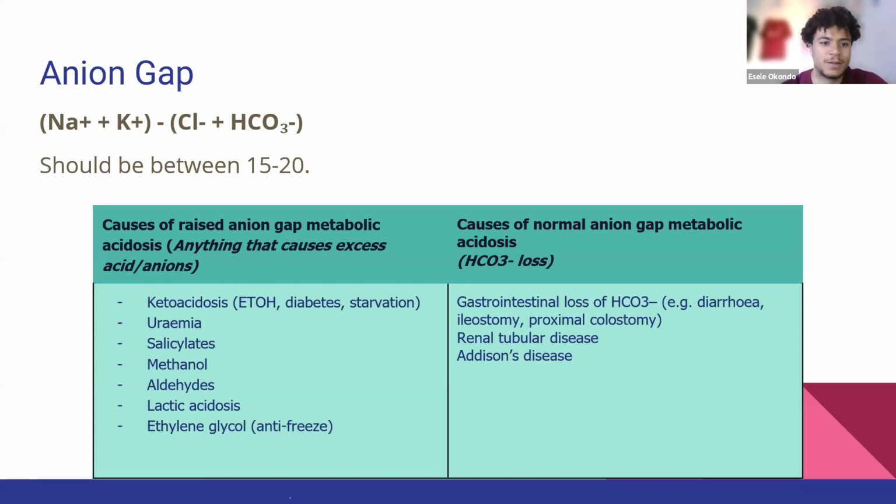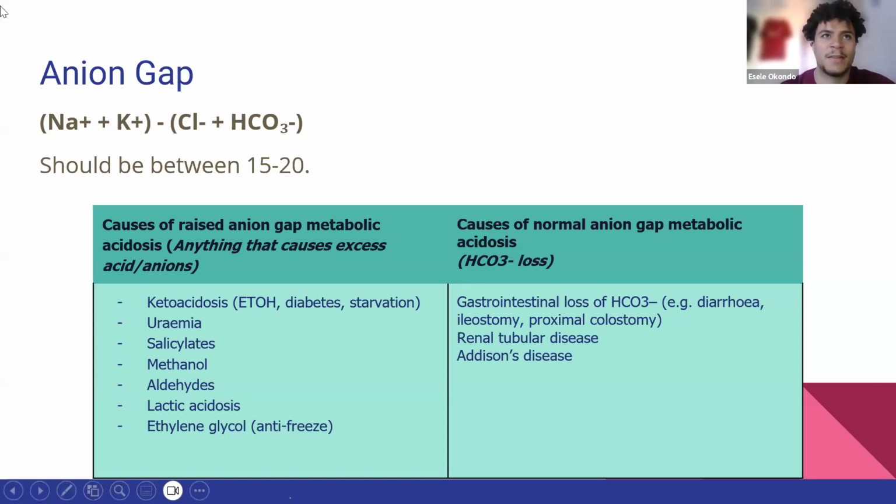So if you have a raised anion gap, then you have something unaccounted for. And like your examples here, alcohol, DKA, and also starvation, where you can have ketones which affect this balance, uremia, salicylates which affect this, methanol consumption.